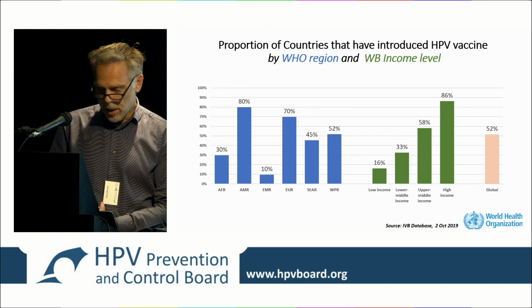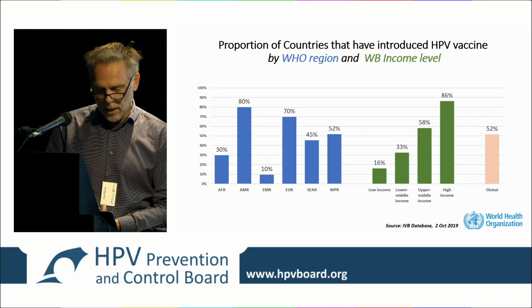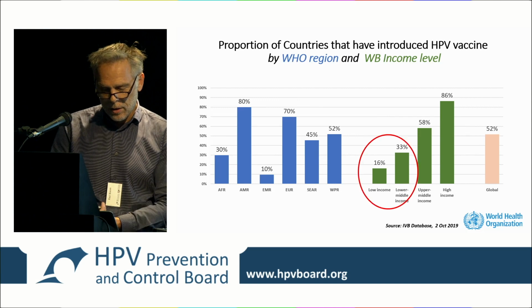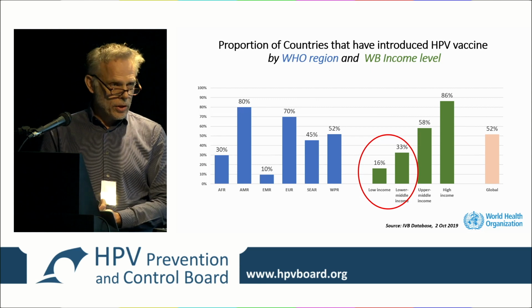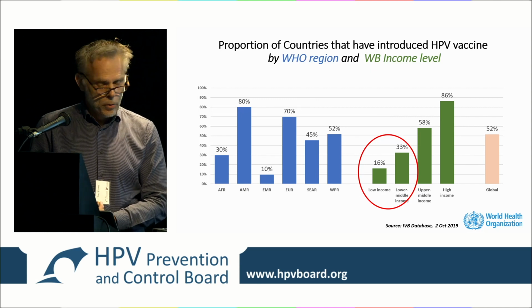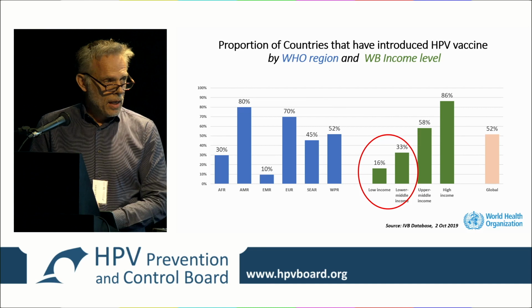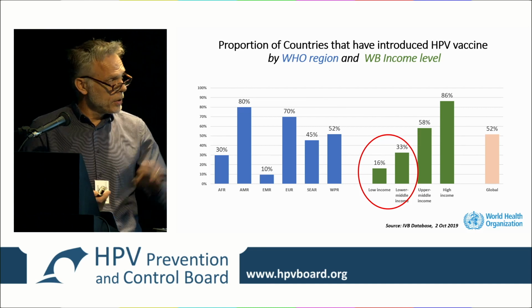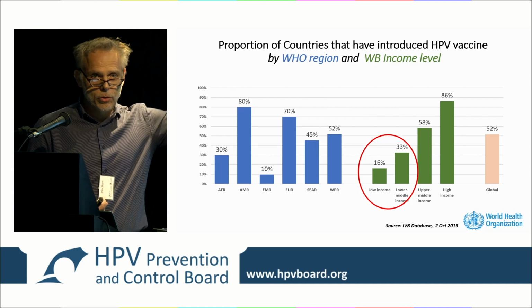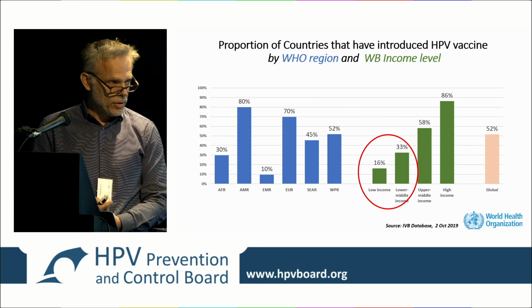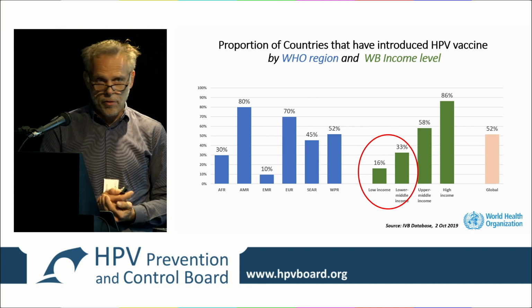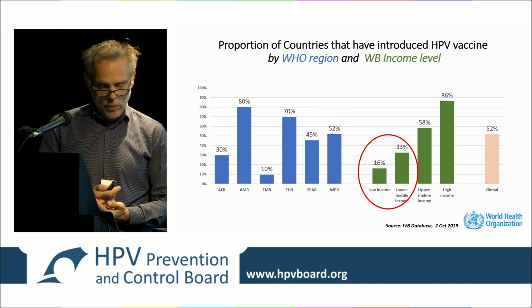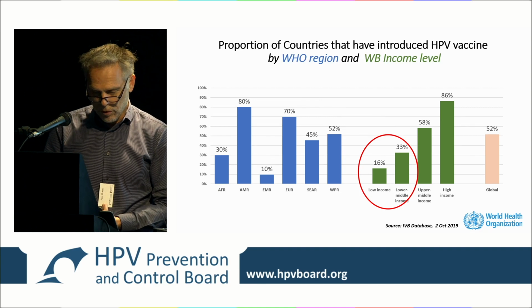Here you see a little bit by region what you saw already, and by income grouping. And I think the main thing here is, the low-income countries continue to be low. So this is where we need to increase. And these are the countries where we showed at the beginning that have extremely high incidence. So basically, we've introduced where it has an effect, but it has less effect, and we have not yet introduced where it will have a huge effect.